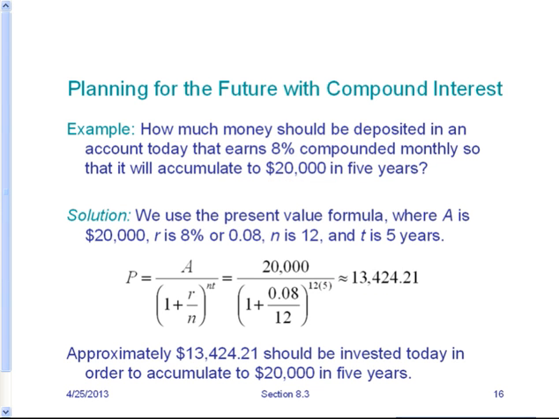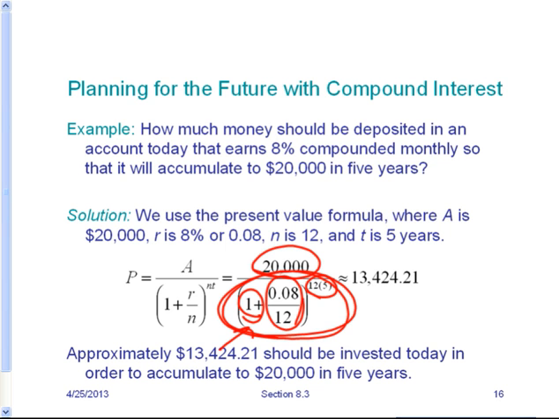So you would multiply the 12 times the 5, divide, add the 1, raise to the power, and write that number down, with as many decimals as you can. Then you take 20,000 divided by the number you just wrote down, and this is how much you have to deposit today in order to have $20,000 in 5 years.